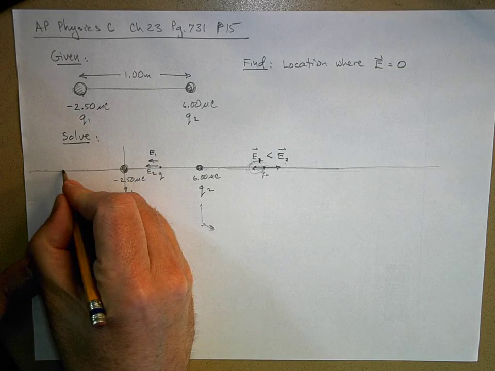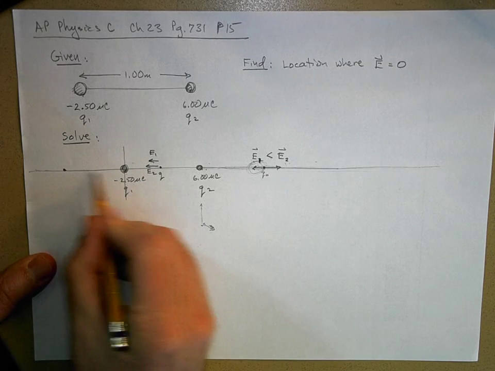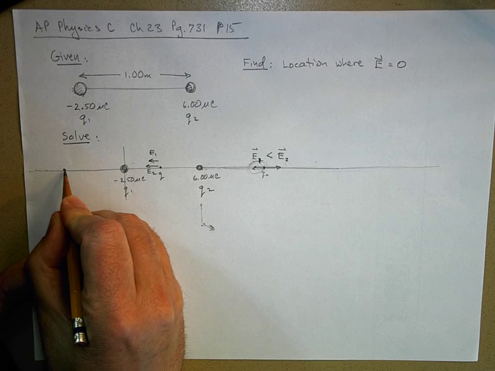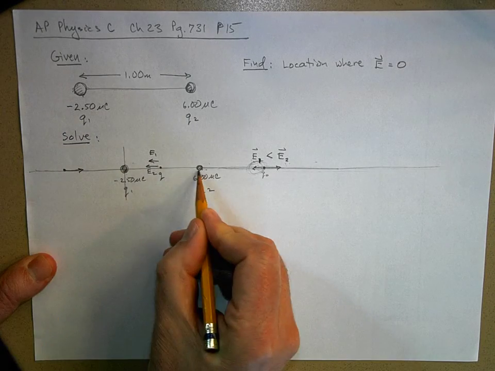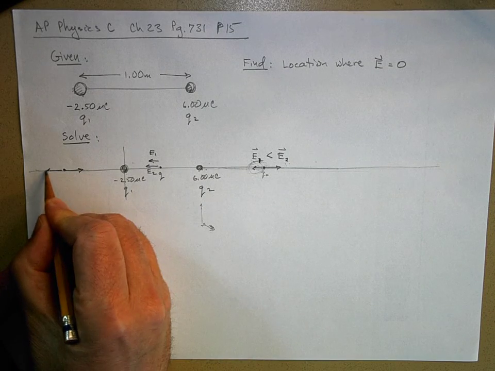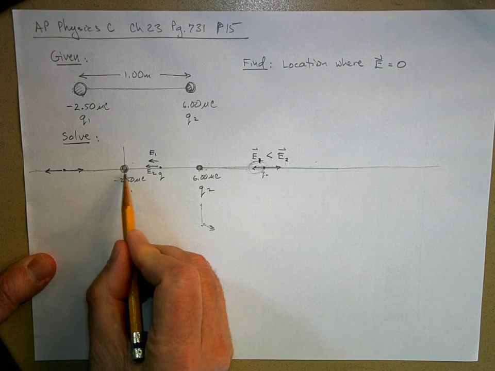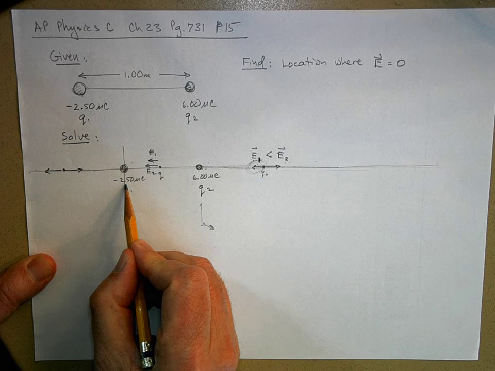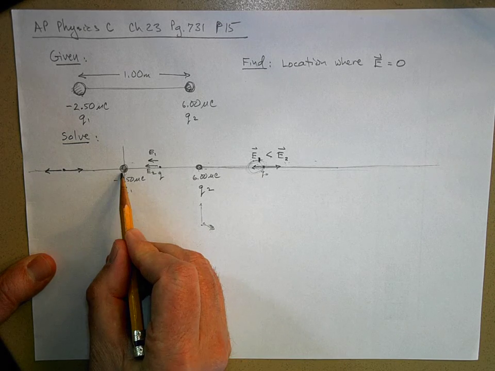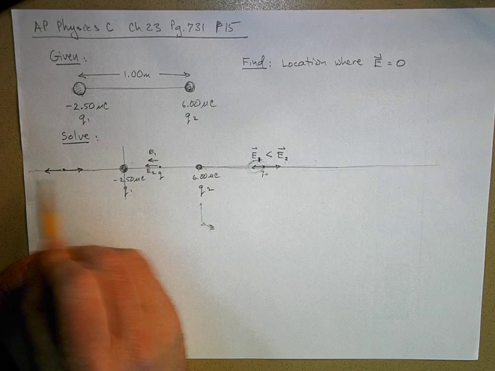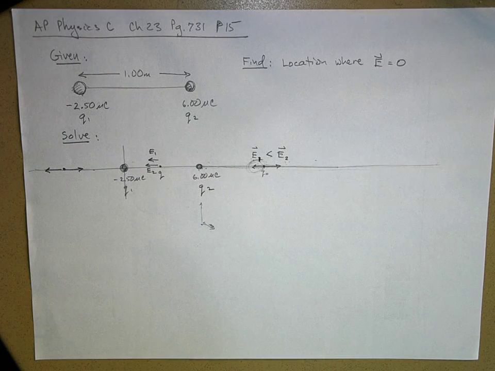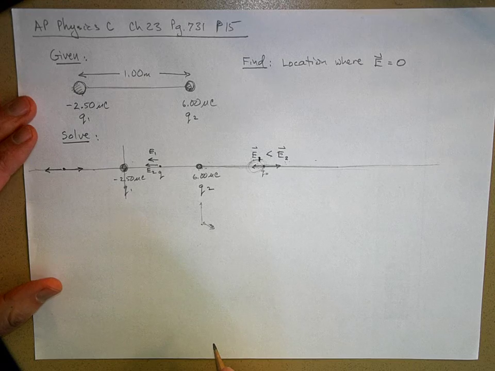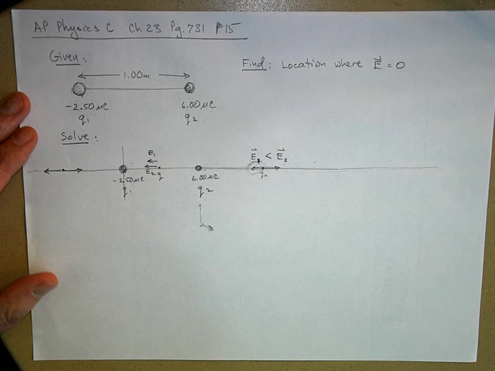But if I'm over here, I can be attracted to the negative charge, and I can be repelled from the positive charge. And this is closer, so even though the negative charge has less overall charge, because we're closer to it, we can still find a place where the two electric fields will be equal to each other. And so what I'm going to do is find that position.